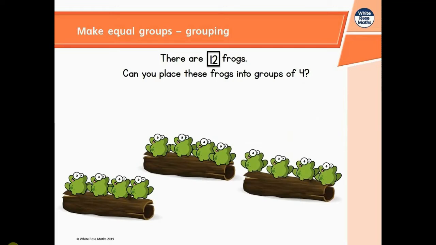Oh, they look so happy. We have 4 frogs on each of the logs. That kind of rhymes. So what do we know? We know that there are 3 groups with 4 frogs in each group. We've just made equal groups.